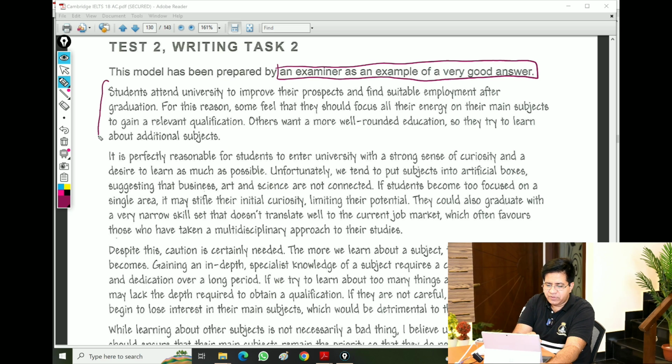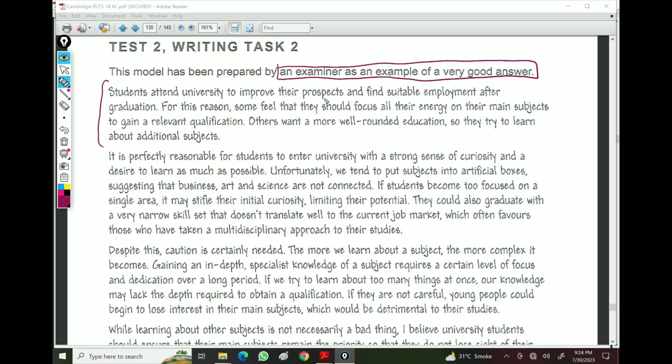I'm going to read this first paragraph. Students attend university to improve their prospects and find suitable employment after graduation. This is a general sentence about the topic. For this reason, some feel that they should focus all their energy on their main subjects to gain a relevant qualification.